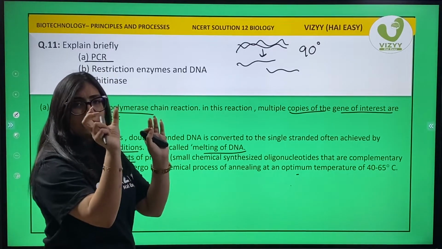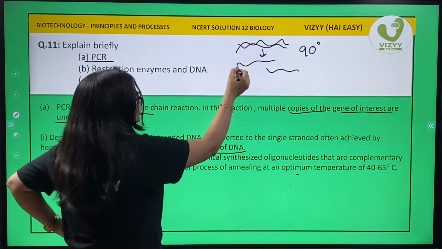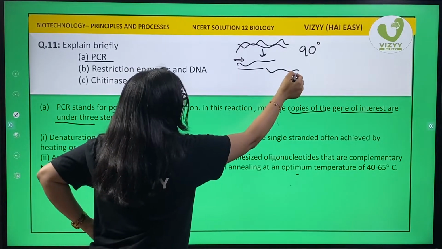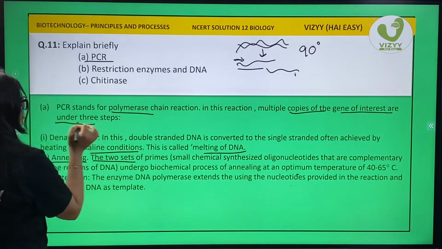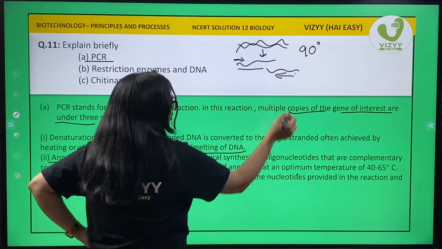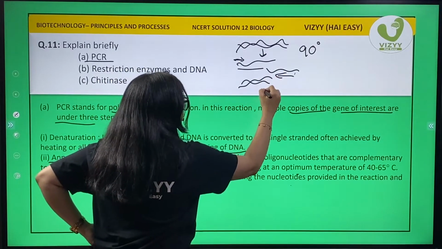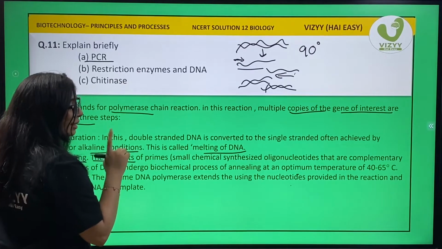Primers are small nucleotide sequences which will sit over here and start replicating from here, and the other sits over there and starts replicating from this side. So at the end we will get 2 copies of DNA. That is what annealing is.